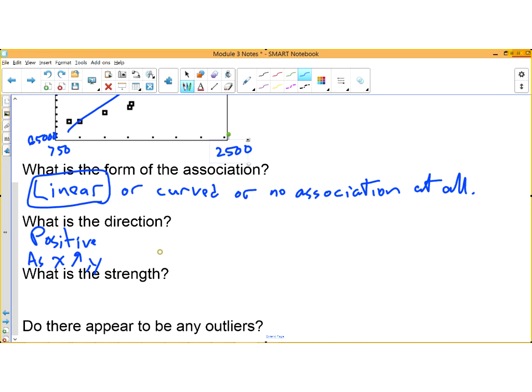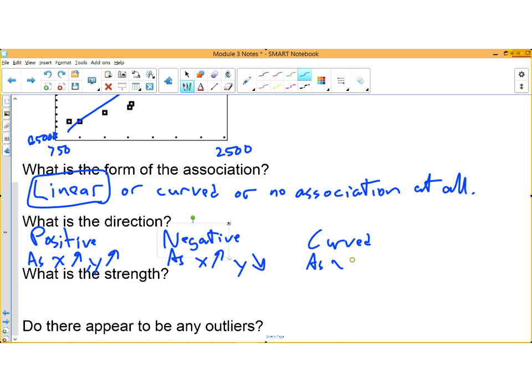Okay? Negative is the opposite. So positive: as x goes up, y goes up. Negative would be as x goes up, y goes down.